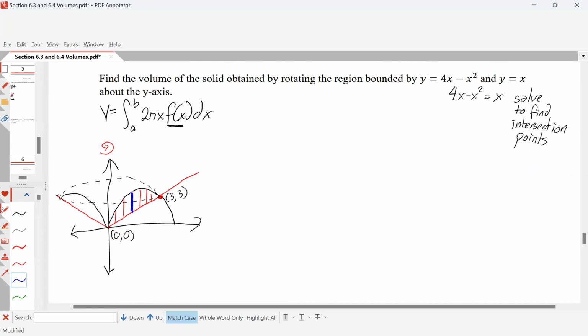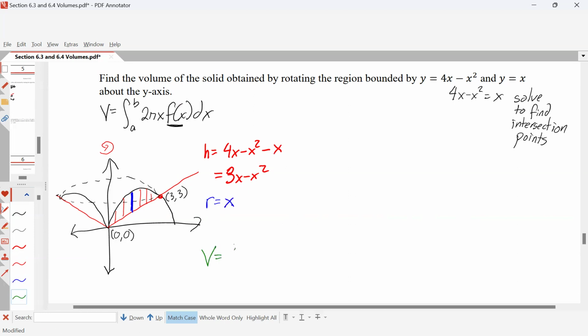And in this case, it's going to be our parabola minus our line. So h is going to be the parabola 4x minus x squared minus x, or 3x minus x squared. And the radius, well, we're still going around the y-axis, so the radius is x.